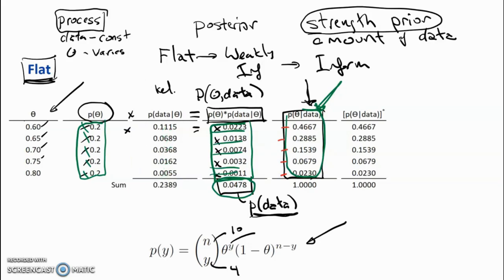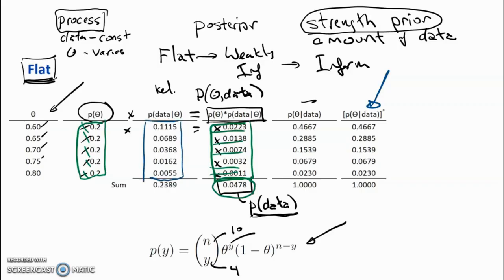And in fact, that's what I did for the last column. For this column here, all I did was take the individual likelihoods, divide those individual likelihoods by their sum, get these values here, which are exactly identical to the values that I got when I obtained the posterior through the normal process.